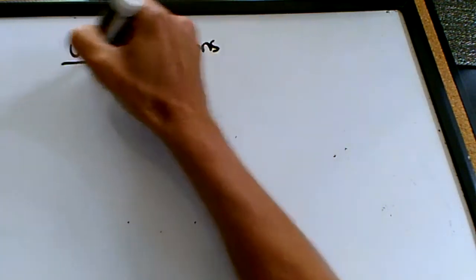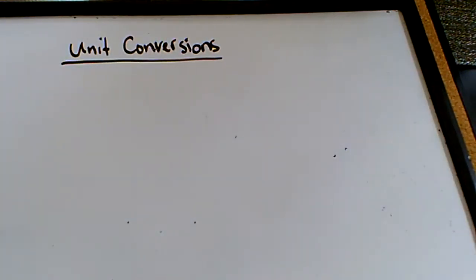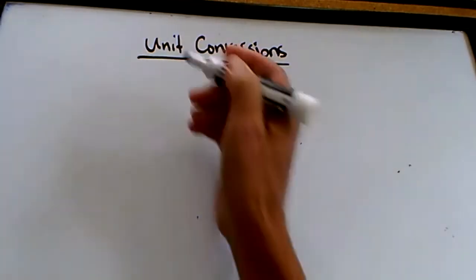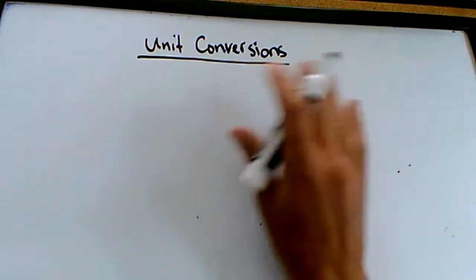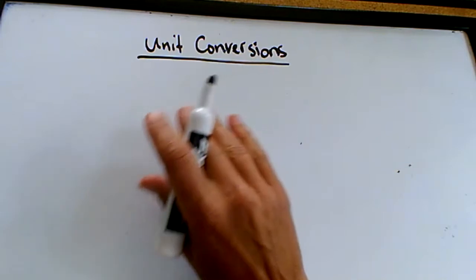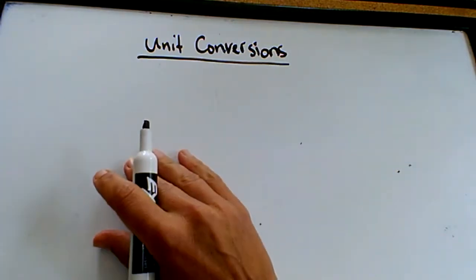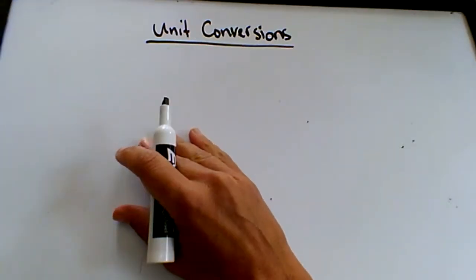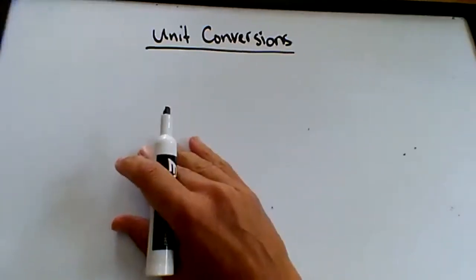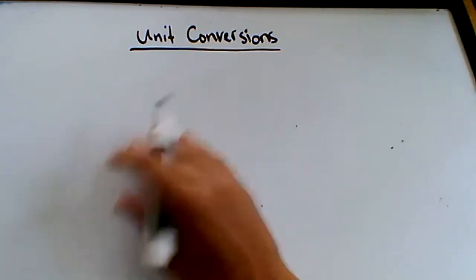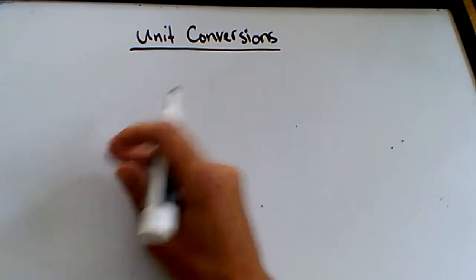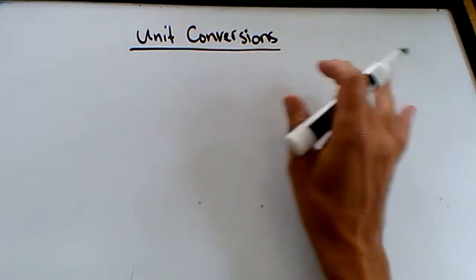Particularly, as I've said 3 times already, the metric system. Now, chemistry, physics as well: a lot of units and a lot of converting units. Some formulas require certain units, so you have to be able to convert one unit into another very easily, okay?